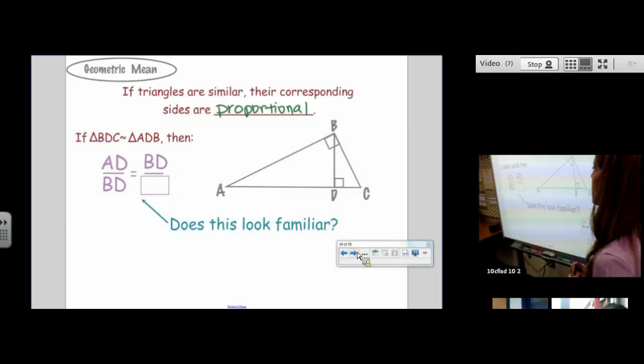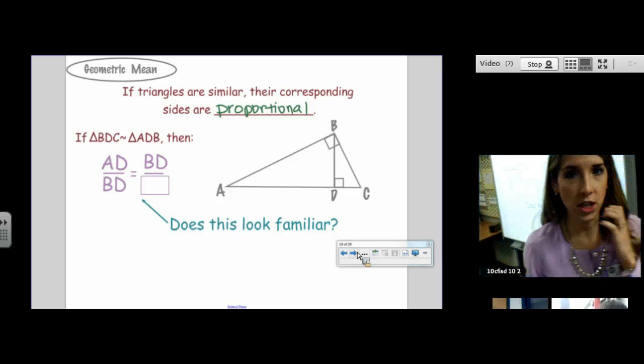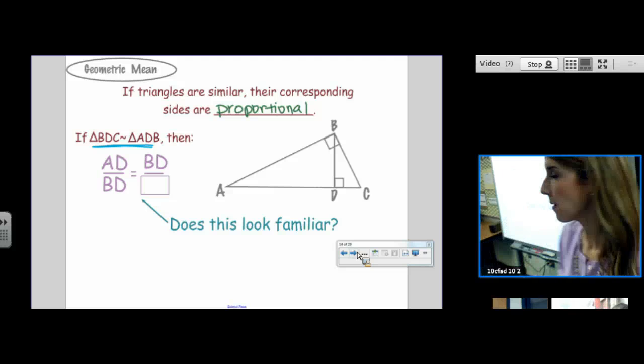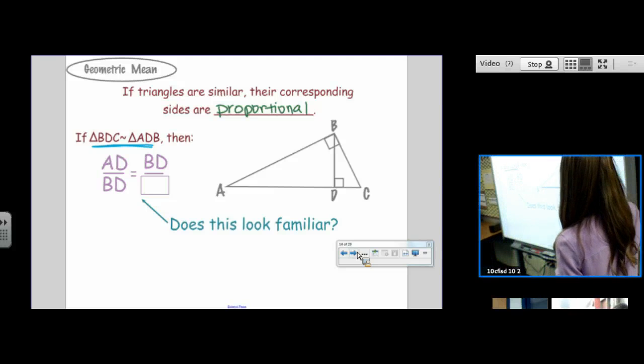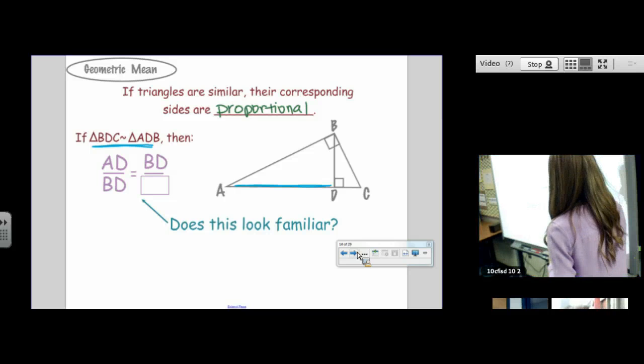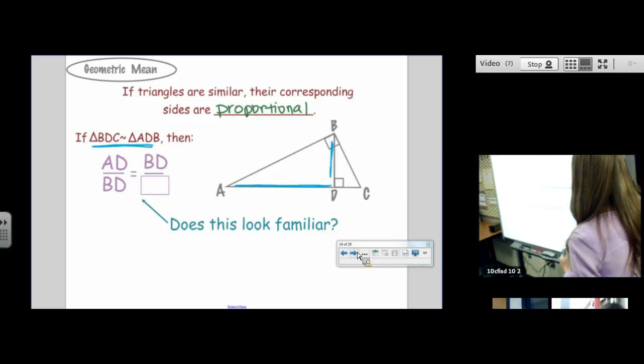All right, so if these two triangles really are similar, then let's set up a proportion so that we can solve for missing sides, okay? AD is to BD as BD is to DC.